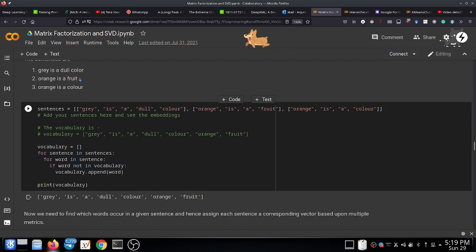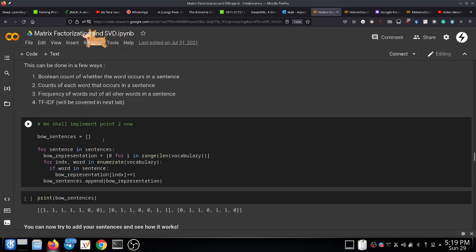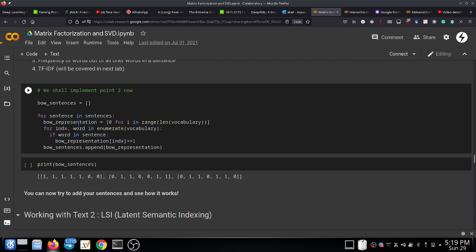Here we will take any sentences and create a vocabulary. Once we create the vocabulary, we will be able to create bag of words features for each sentence, which will tell us which of the words are present.